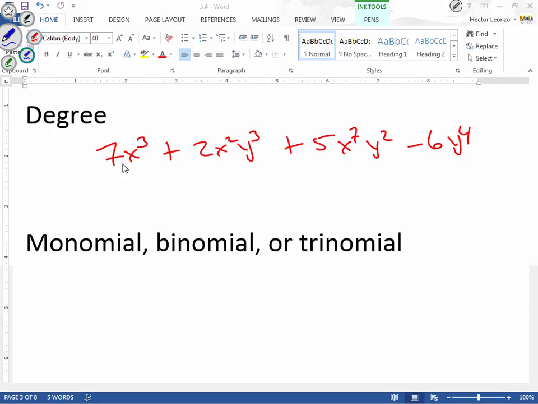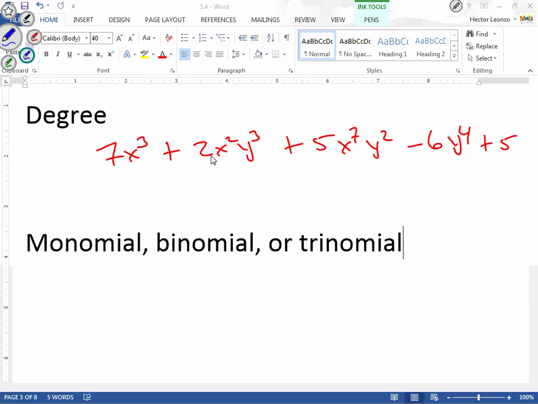So each of these terms has a degree. And what we're going to call a degree, we're going to just add the exponents. Also, matter of fact, let me add an extra term here. Let's call this plus 5. Okay, so once again, the degree, we're just going to add the exponents.